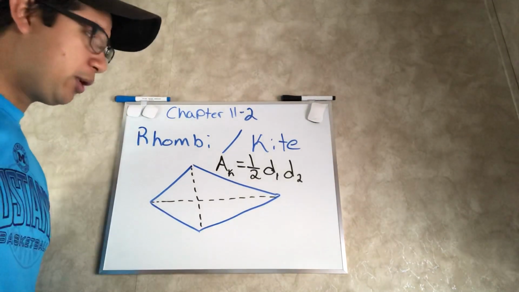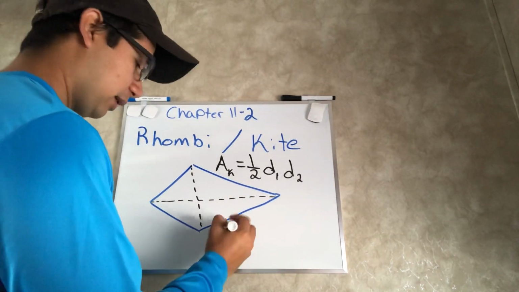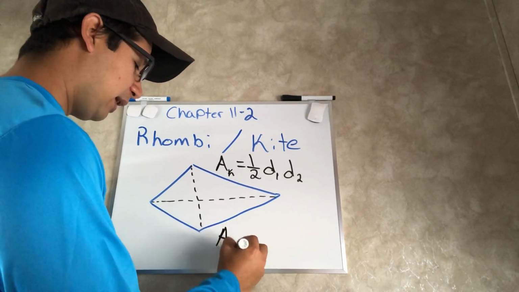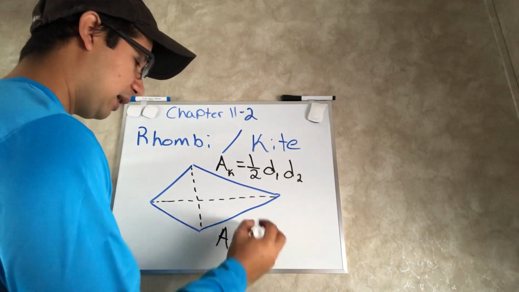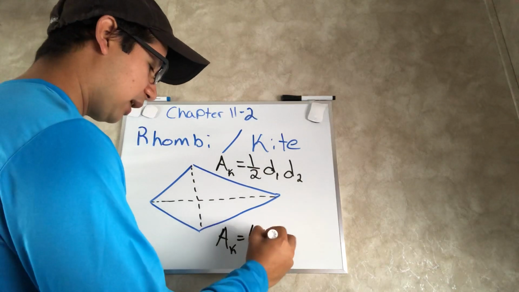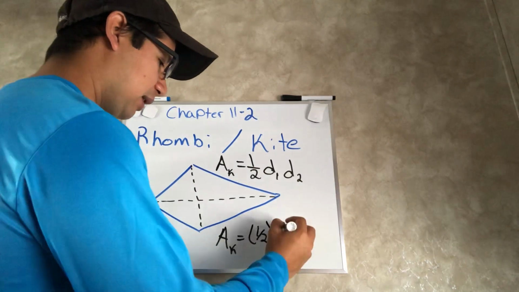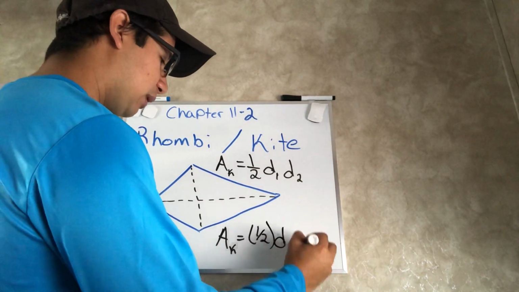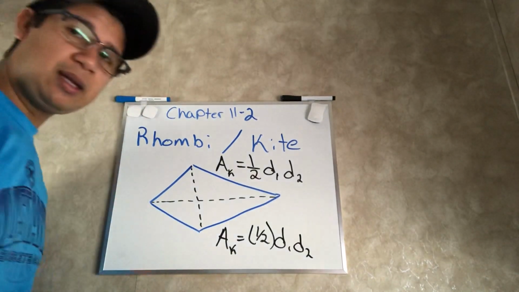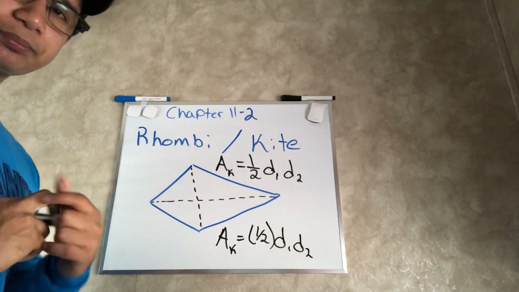The way you're going to see this on the quiz is area of a kite equals parentheses 1/2 close parentheses diagonal 1 times diagonal 2.